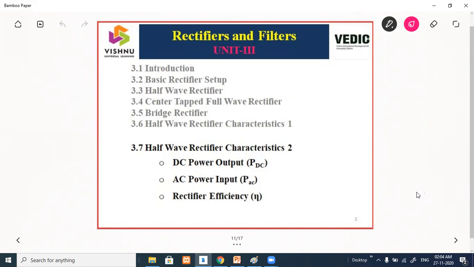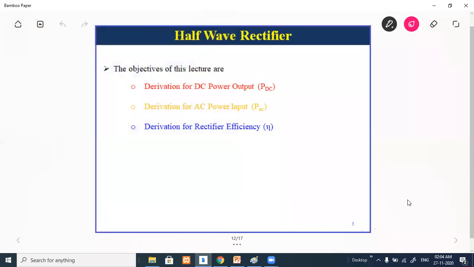Now, in this video, I am trying to derive the expressions for DC output power, AC input power, and rectifier efficiency of the half-wave rectifier. The objectives of this lecture are the derivation for DC output power, AC input power, and rectifier efficiency.